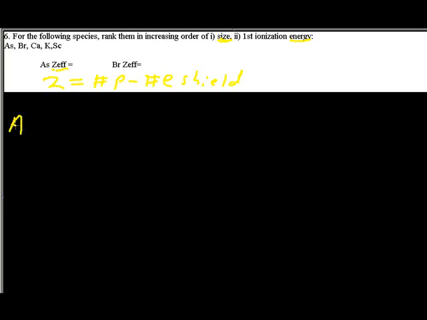So arsenic, As, the number of protons is equal to 33.